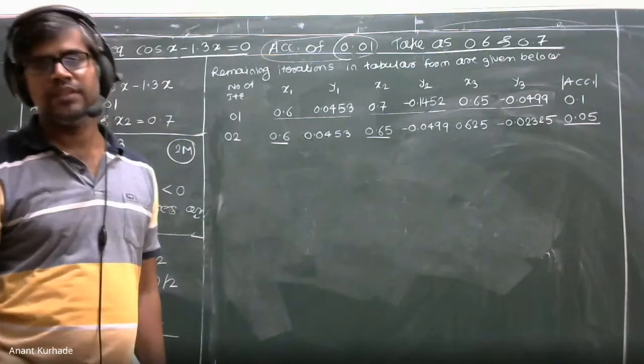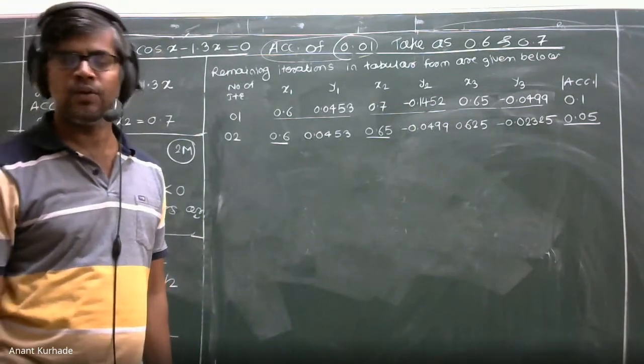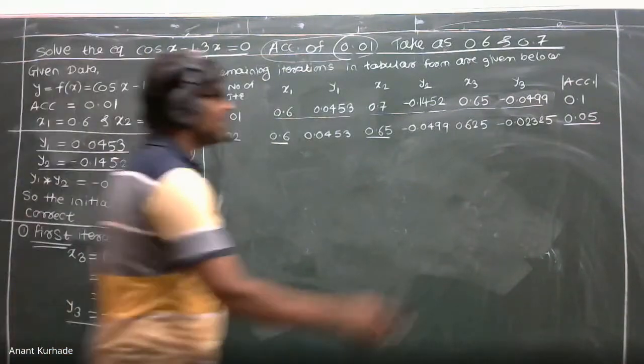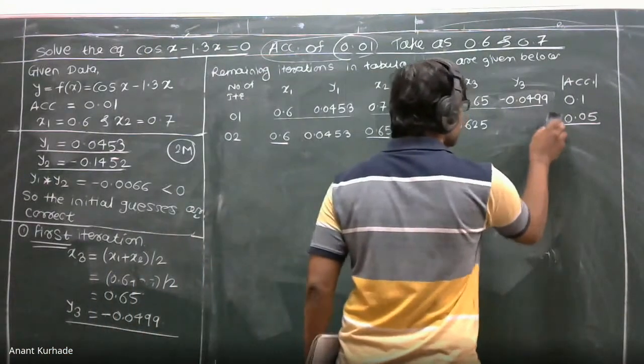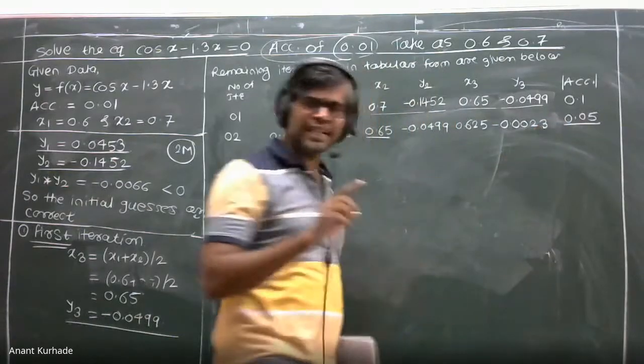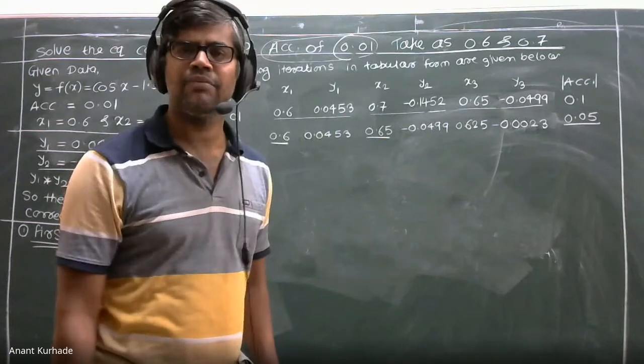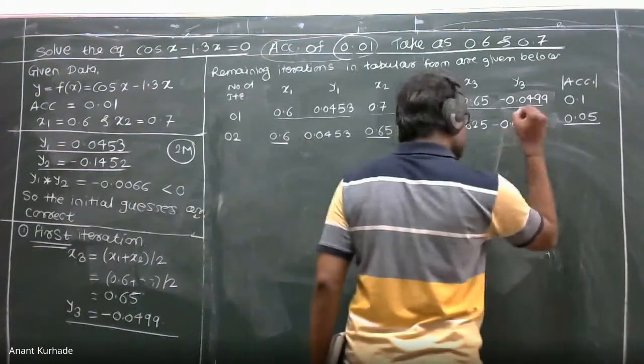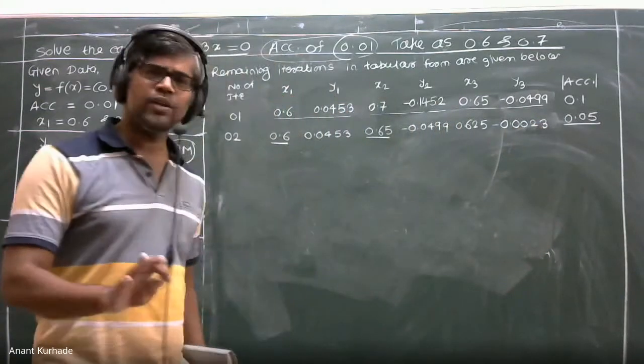Y3 is minus 0.002325. The answer is not fixed to 4 decimals, so focus on the sign only. We have to take the sign only.